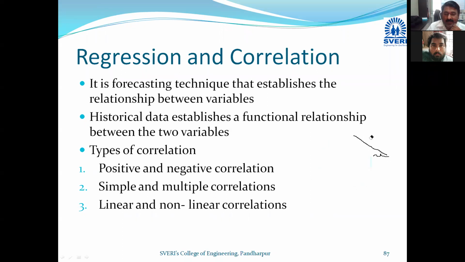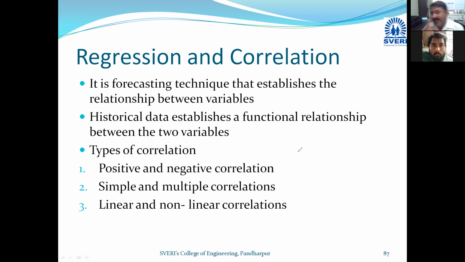Then simple and multiple correlation. In simple correlation, only one factor is involved: you take any one factor, and with the increase in that factor, the sales increase. Multiple correlation has the impact of different factors which are required to be taken into account as per the condition considered.